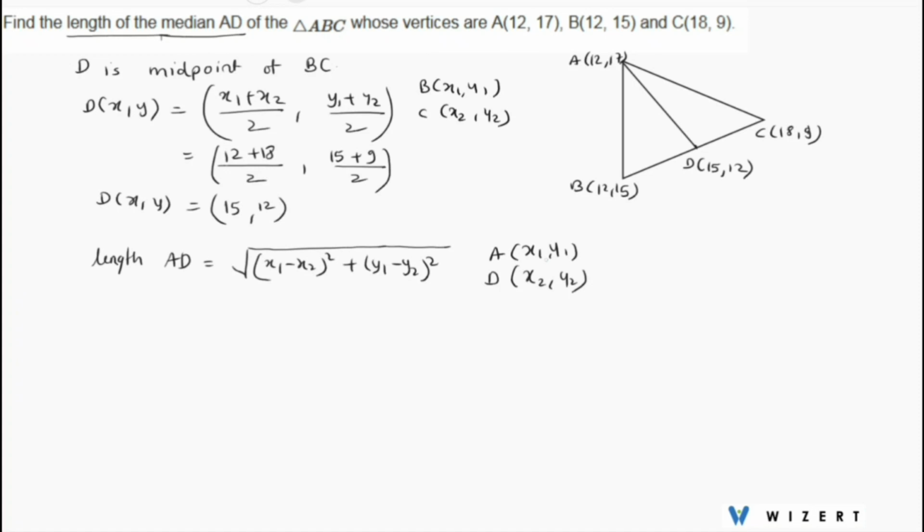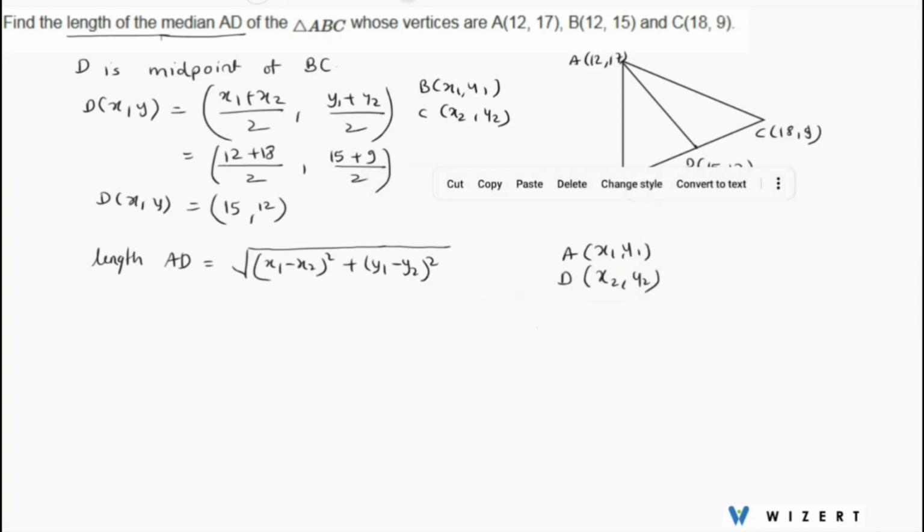Now we simply have to put the values of x1, y1 and x2, y2 here. So this will be in units.